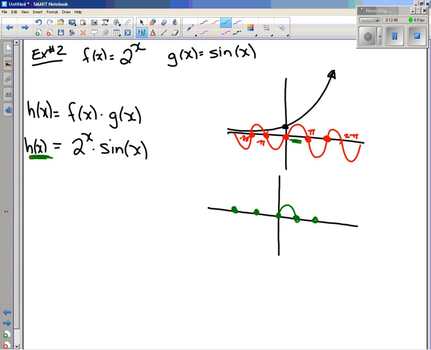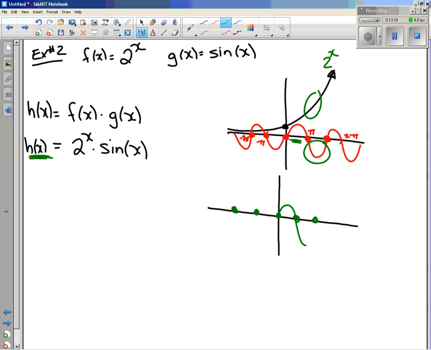In the second interval, between pi and 2 pi, we have a positive number from our 2 to the x times a negative number. And what's happening is that this 2 to the power x function is getting bigger. So you're multiplying a bigger number by something that's negative, so our graph is going to start coming down a little bit farther.